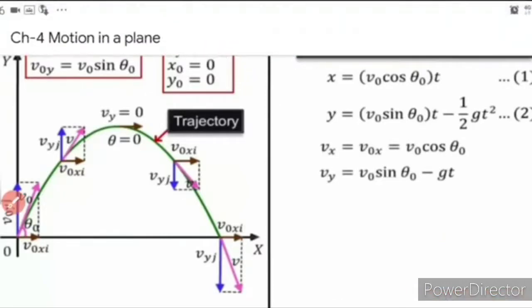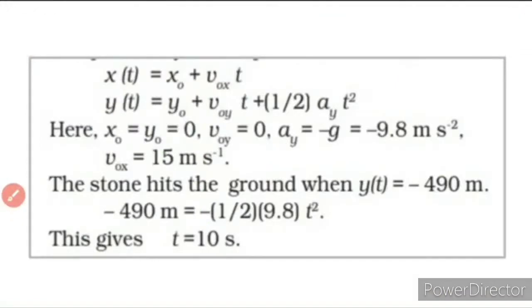Before that we should get t. To get t, we use the second equation of motion in y component form. By substituting data, we have minus 490 meters equal to minus half g, that means 9.8, t square, because V0y is 0.